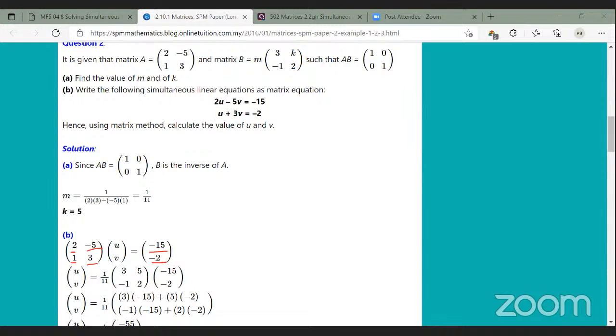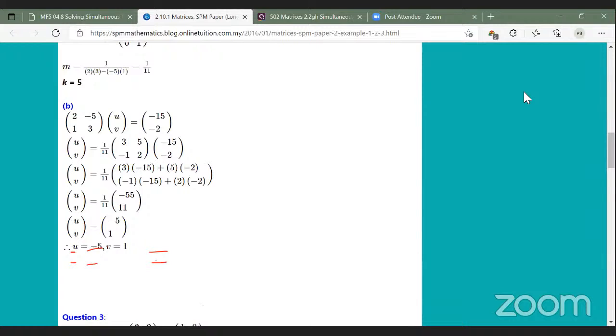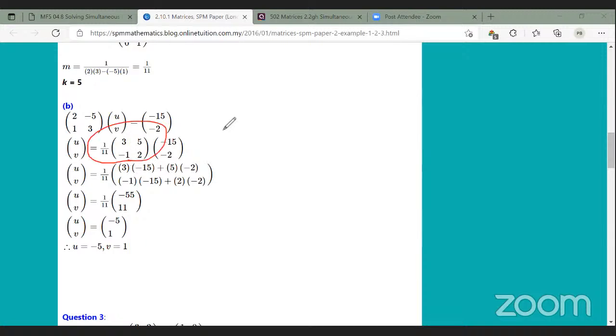Right, so once you do that, again, what happens here is the 1 over AD minus BC. So this is your A and D. When you times it, 3 times 2, you'll get 6, minus your BC, which is negative 5 times 1 over here.